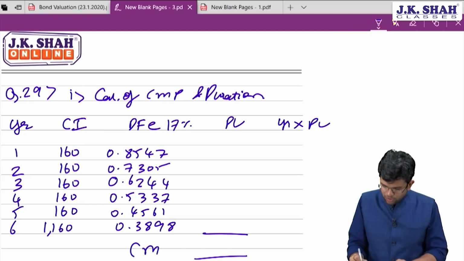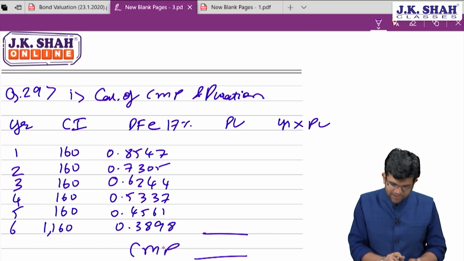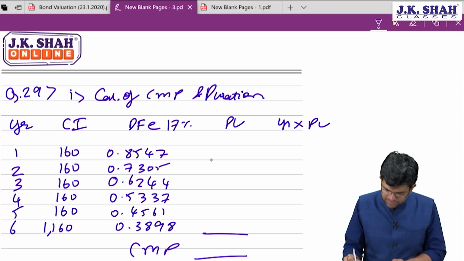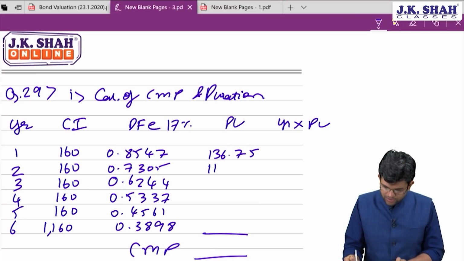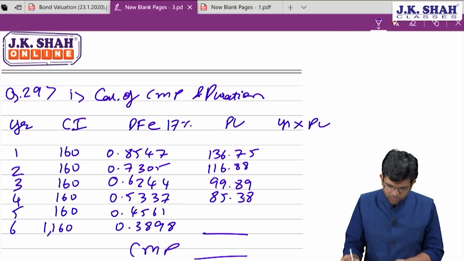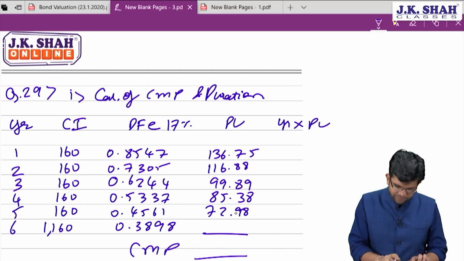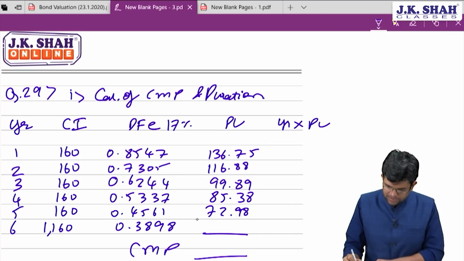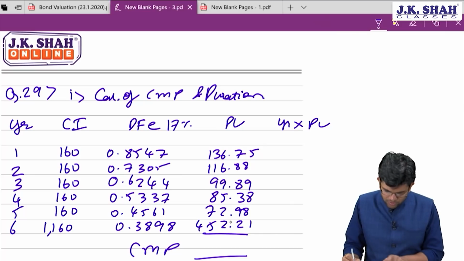Yes. So now let's calculate the present value. This will of course be your current market price. So on the calculator, 160 divided by 1.17 equals, M plus, that is 136.75, equals M plus 116.88, M plus 99.89, M plus 85.38, M plus 72.98, and then 1160 divided by 1.17 six times, M plus, that is 452.21.